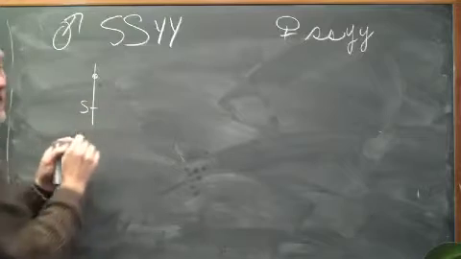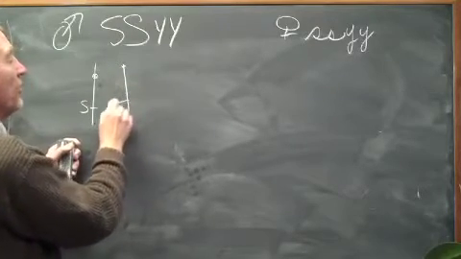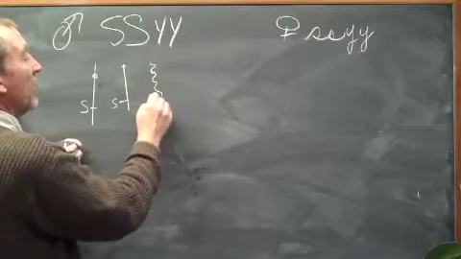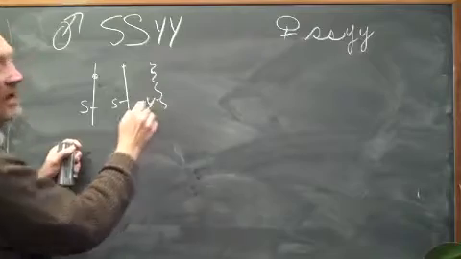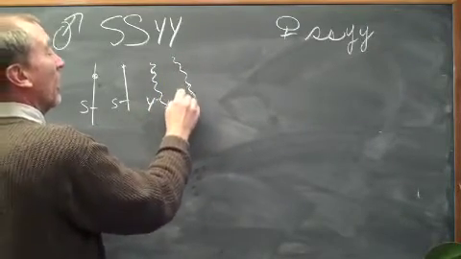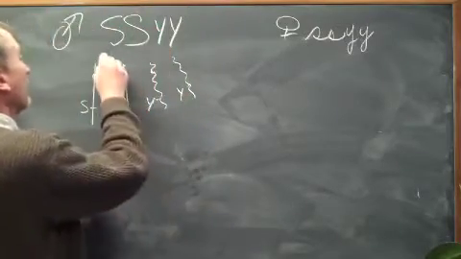So this guy over here is going to have a set of straight chromosomes that have the big S. Here's the other straight chromosome with the big S, and a wavy chromosome that's going to have the big Y, and another wavy chromosome with another big Y. They're going to go through replication.